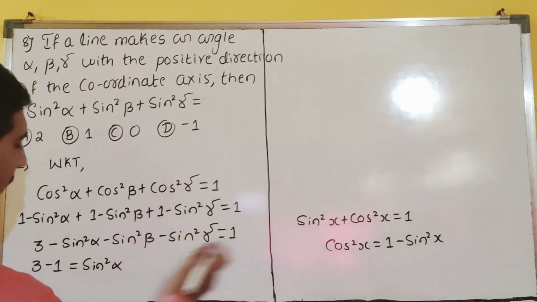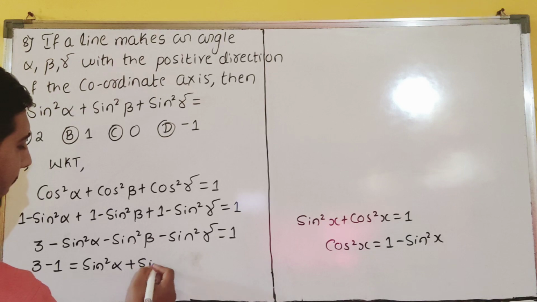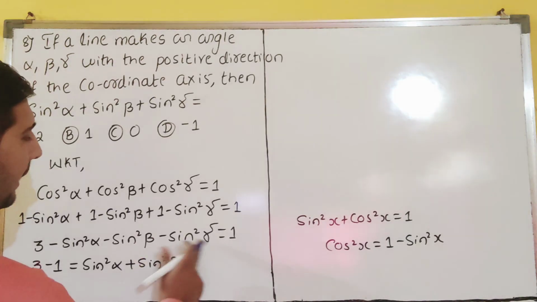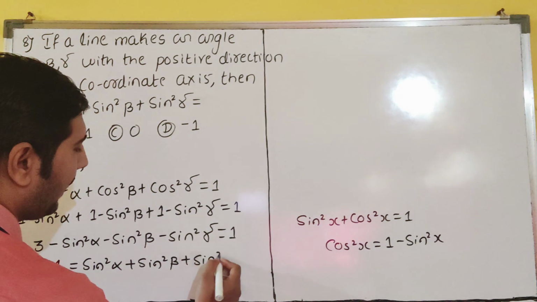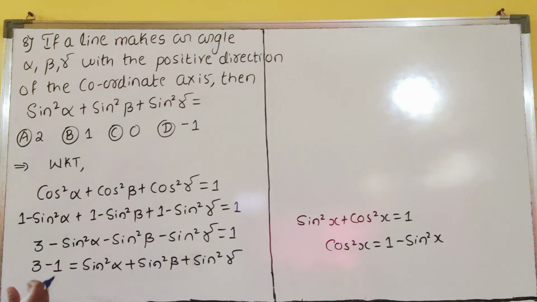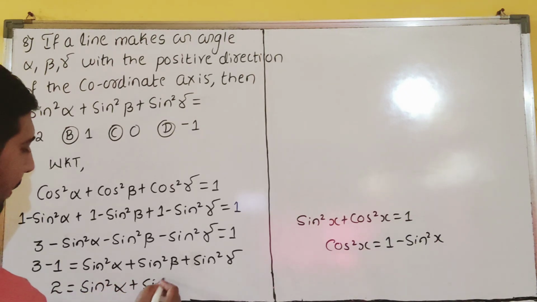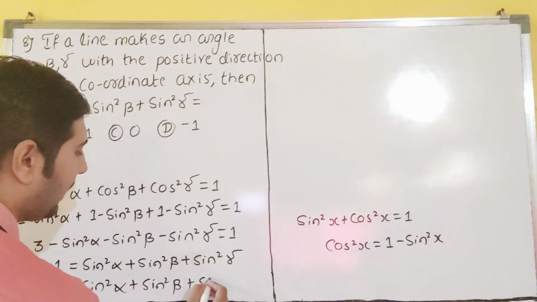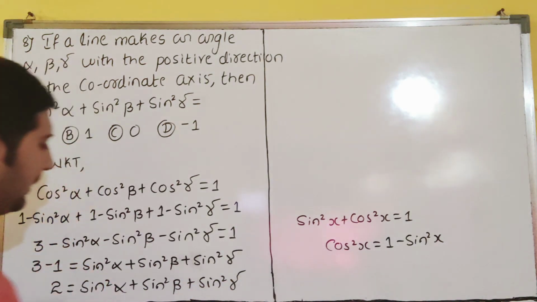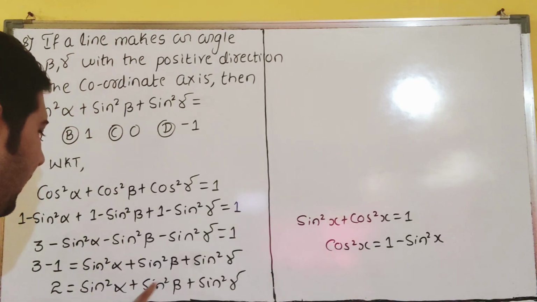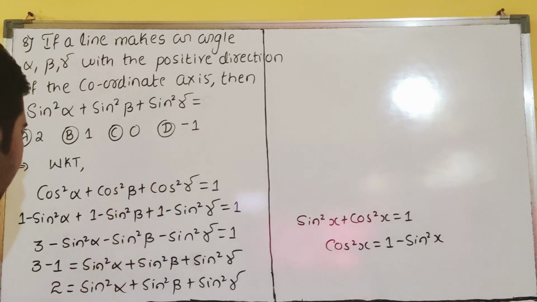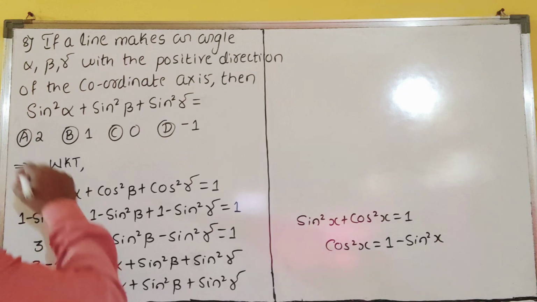Minus sin square beta also you take that side, it will become plus sin square beta. Minus sin square gamma also you take on RHS, it will become plus sin square gamma. So 3 minus 1 is how much? 2. 2 is equal to sin square alpha plus sin square beta plus sin square gamma. So this is our required answer. Can you see here? Sin square alpha plus sin square beta plus sin square gamma is equal to how much? 2. 2 is our answer, dear students.